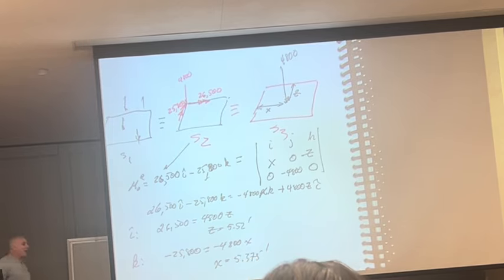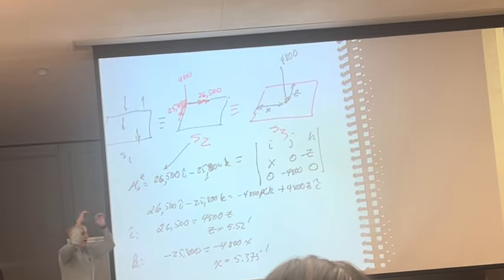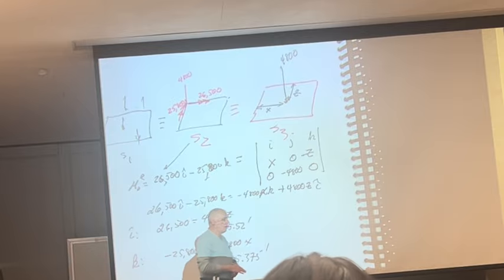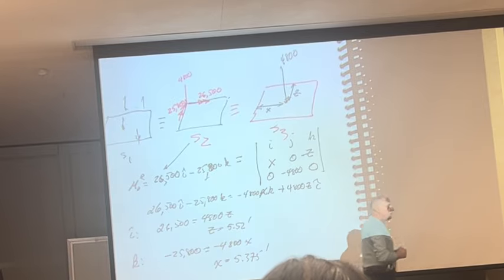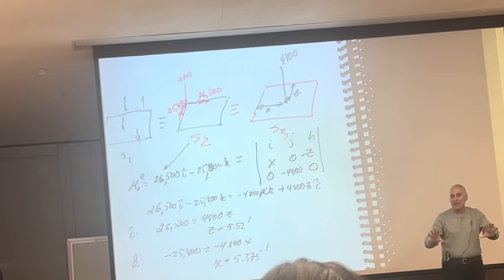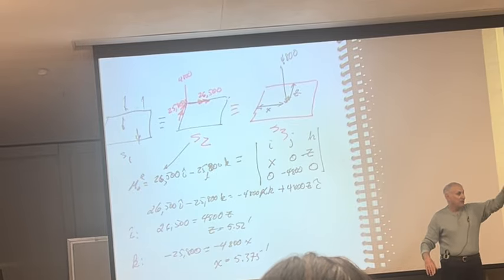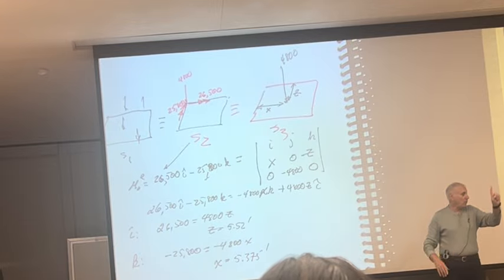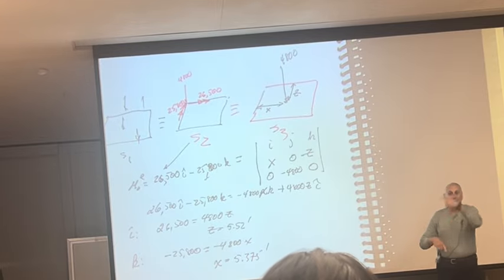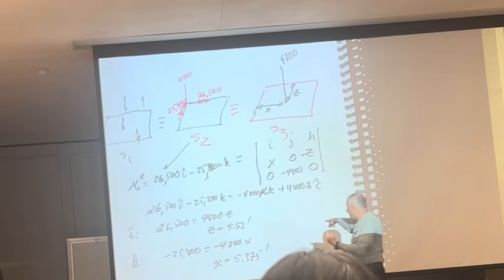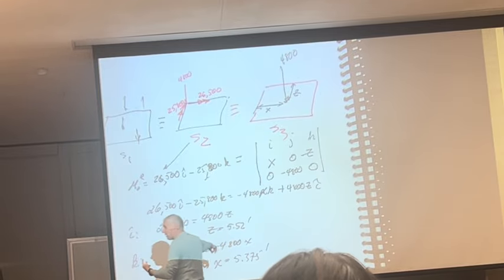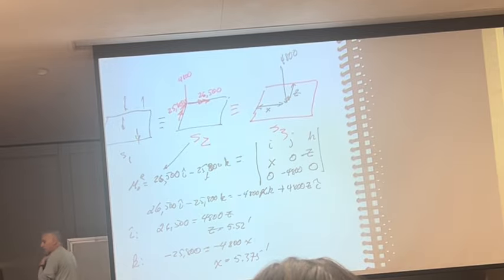So now I have a location where to place the force of 4,800 downward so that the slab externally, if it was a touchy-feely slab, couldn't tell the difference between one force and two moments, or one single force placed at 5.375 and 5.52.